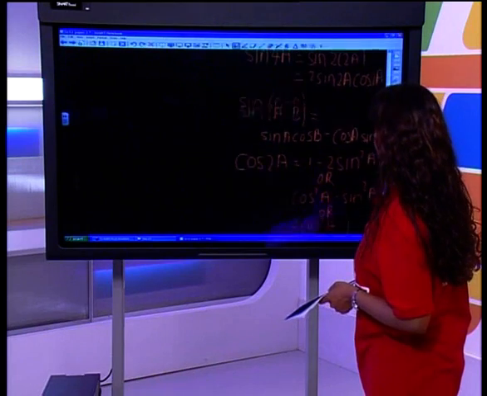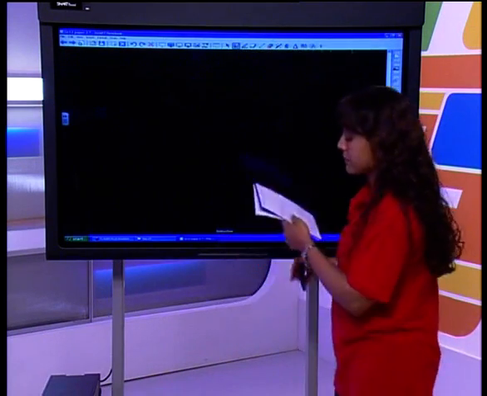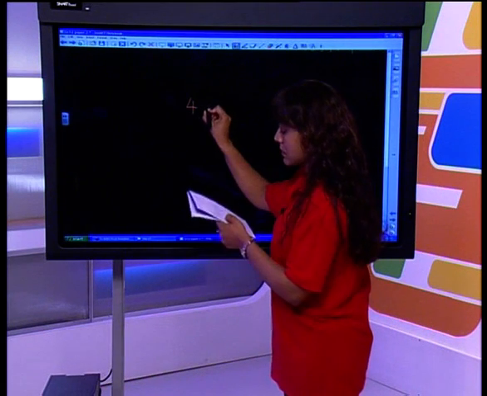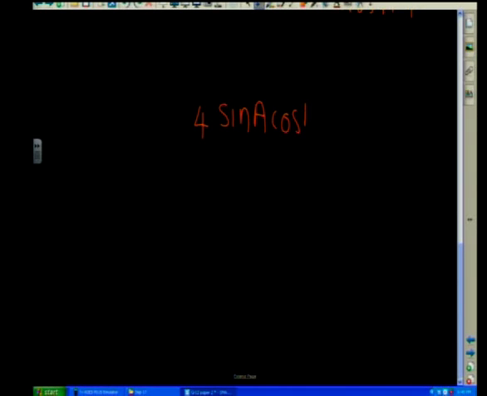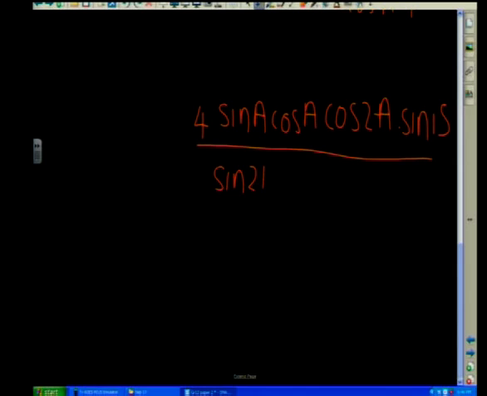We've got 4 sine A cos A. I'm going to rewrite it at the bottom here. 4 sine A cos A times cos 2A times sine 15 all over sine 2A, and then in brackets we had tan 225 minus 2 sine squared A. Okay, and they've asked you to prove that this is equal to something.